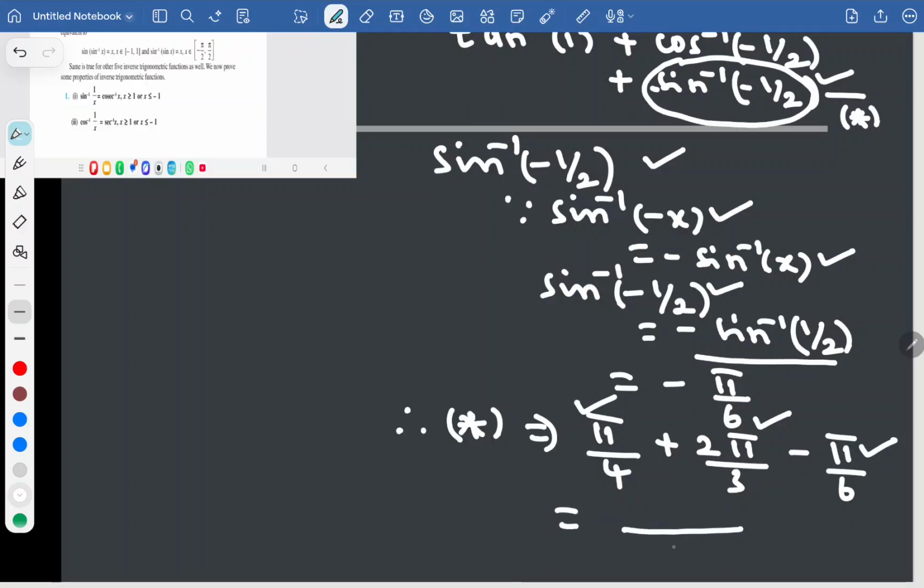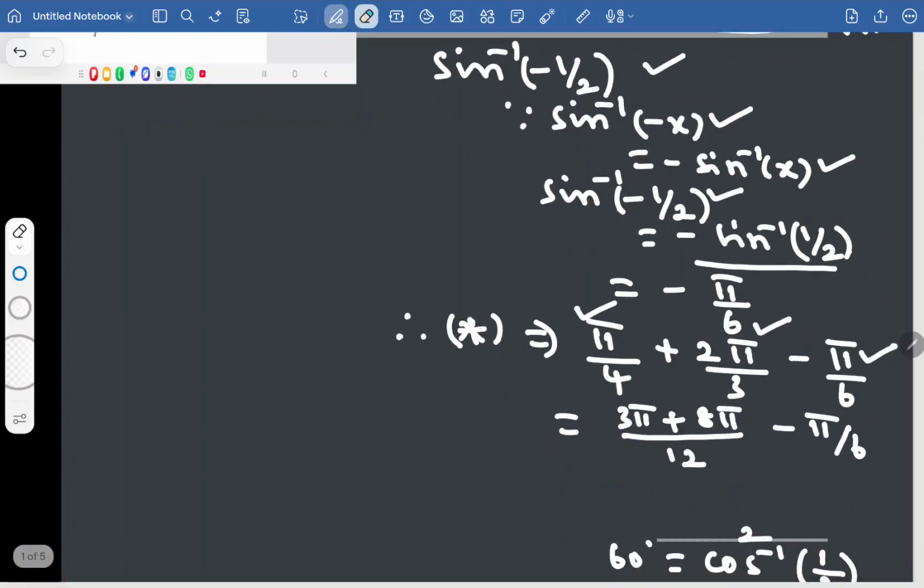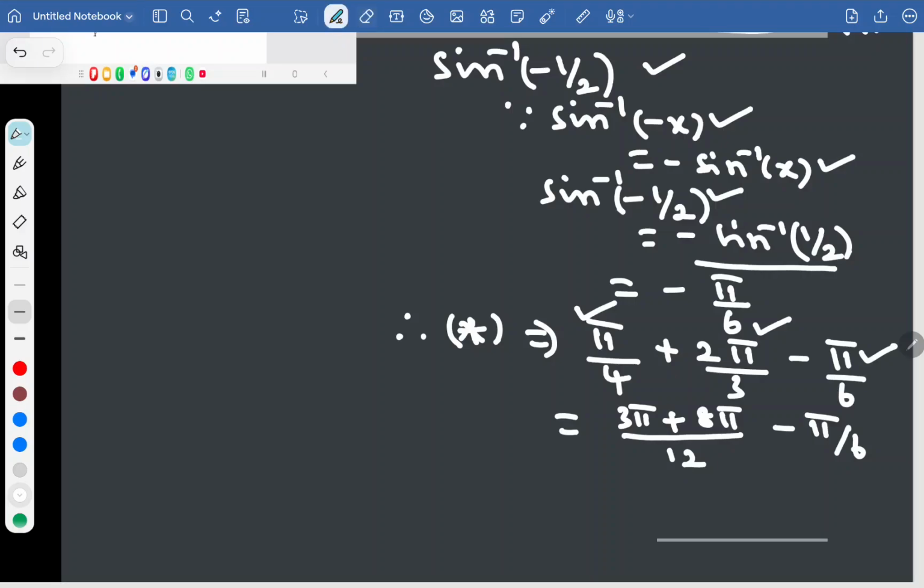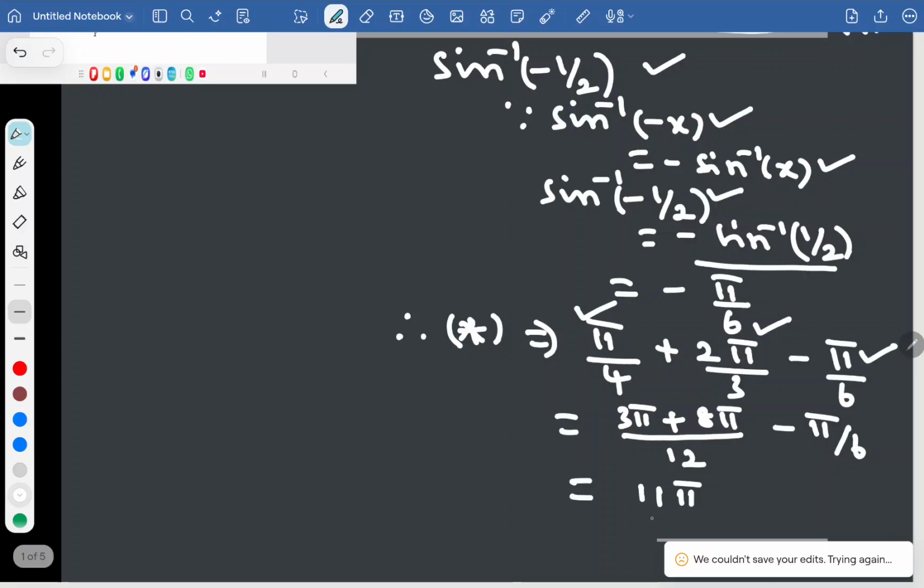Simplify: LCM 12, 3 pi plus 4 into 2, 8 pi, minus pi by 6. Three pi plus 8 pi is 11 pi by 12 minus pi by 6.